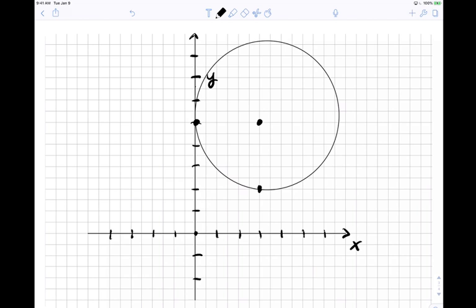One, two, three. One, two, three. It doesn't look centered though. So let me do all the points. I don't think this is right. One, two, three is here, right? One, two, three is here. So let me fix my circle. Okay. So then let's try this. One, two, three.